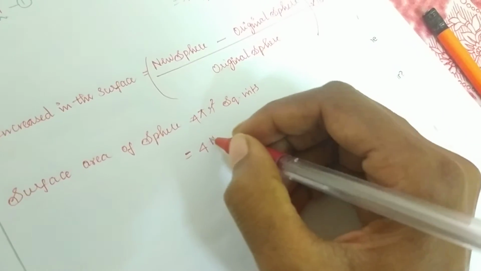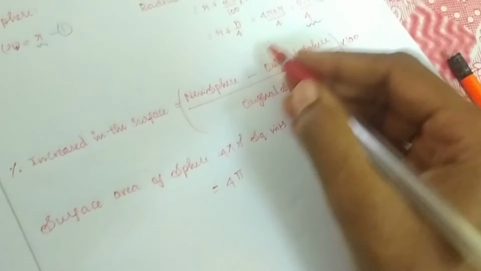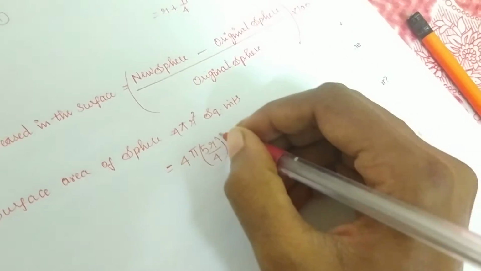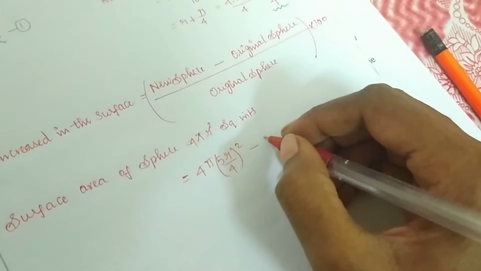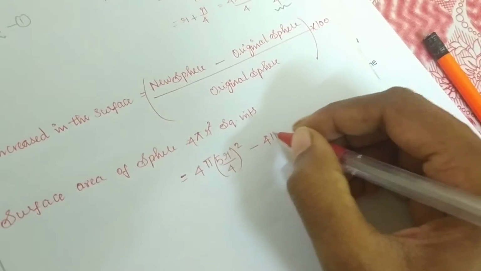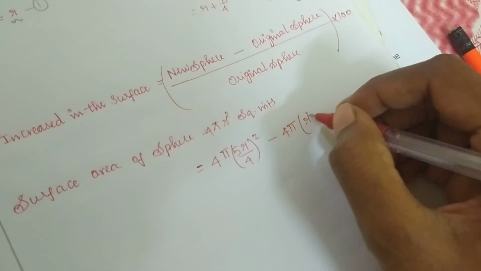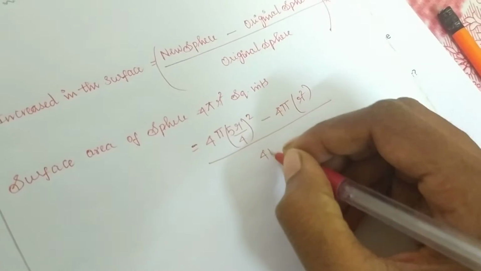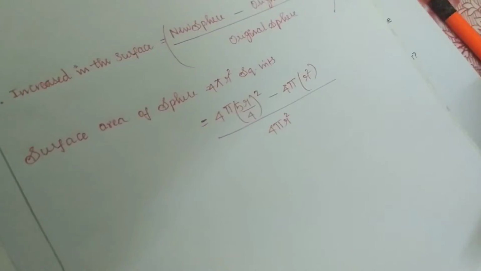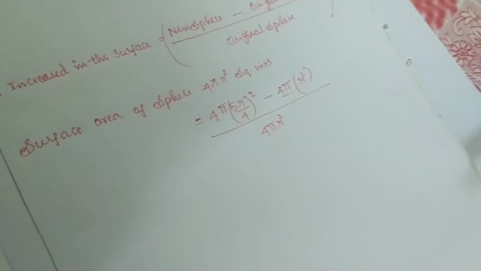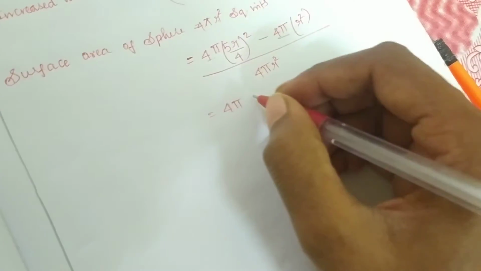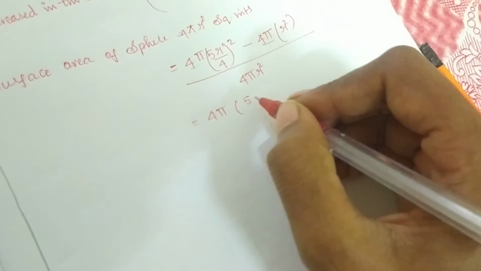The new sphere is 4 pi times 5r by 4 the whole square, minus the original, which is the same 4 pi r square, all divided by the original 4 pi r square. In both terms 4 pi is common, so I can take it out.